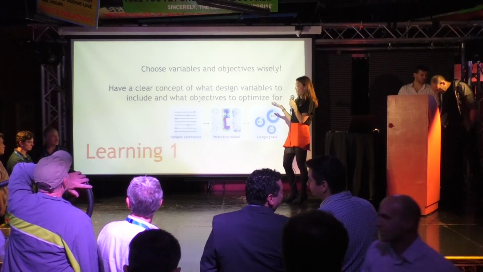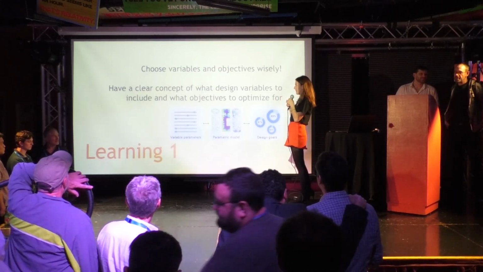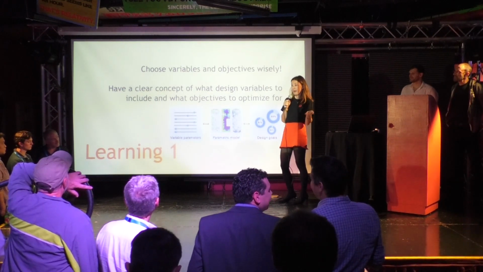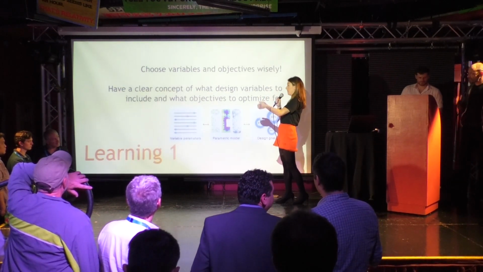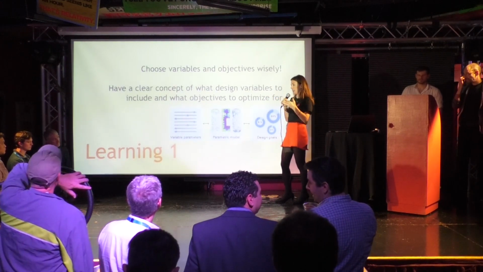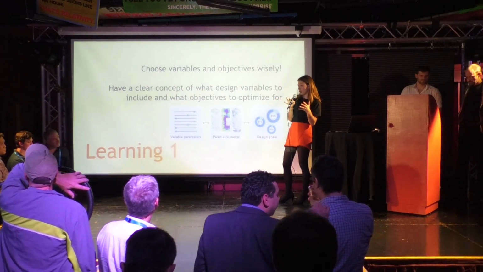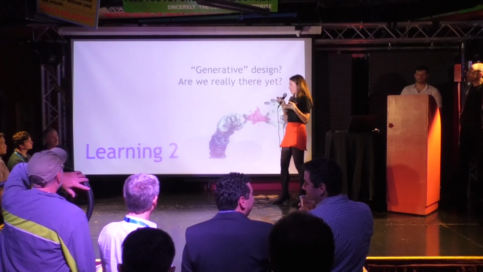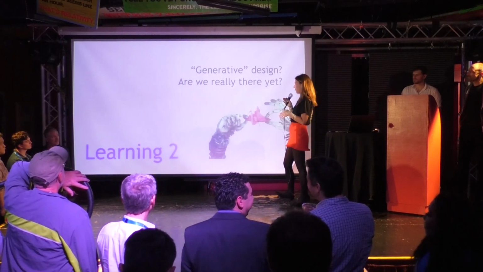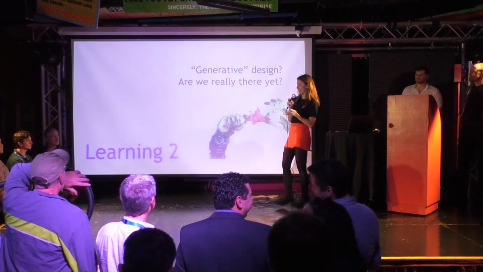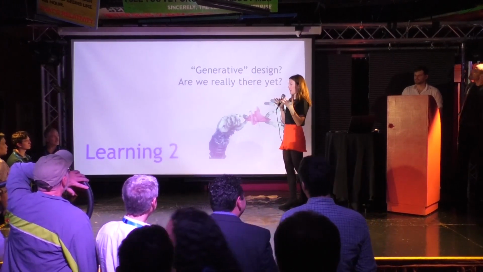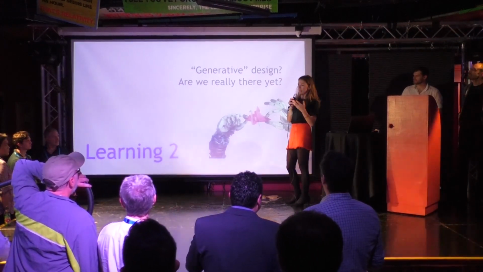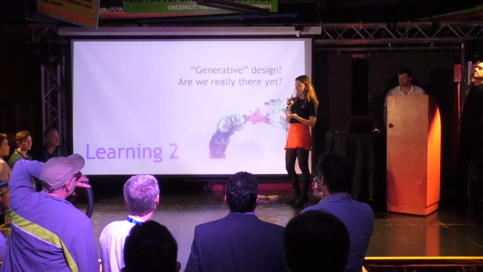So what have I learned from my master thesis? The most important thing is that you choose the parameters, but most importantly the design goals, very wisely, because that will determine the kind of results you get. I also started to struggle with the term generative design a little bit, because it makes it sound like the computer had some inherent creativity and was really coming up with design ideas.